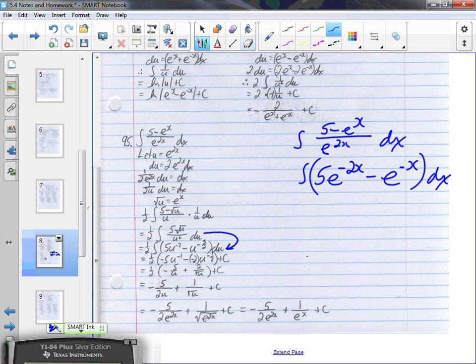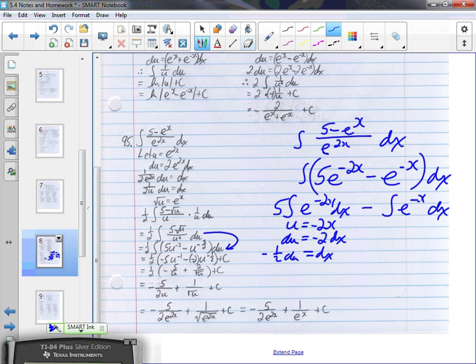So I could, then what I would want to do is either literally or at least think of it as separating these. For this one, I would need to let u equal negative 2x. du would equal negative 2 dx, then negative 1/2 du would equal dx.